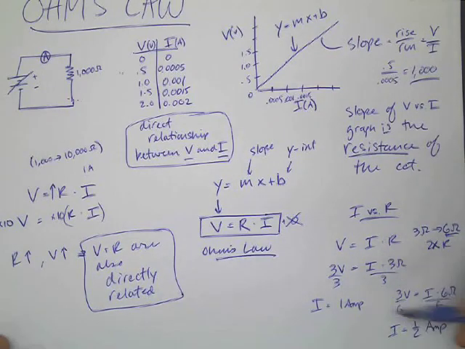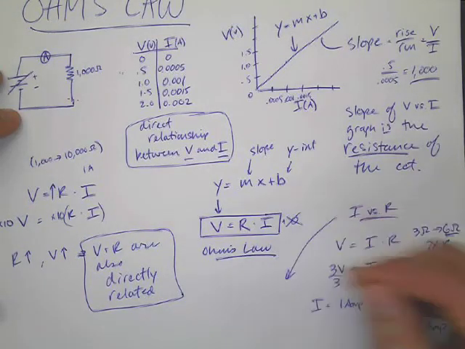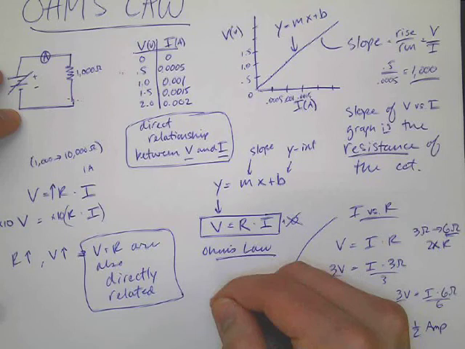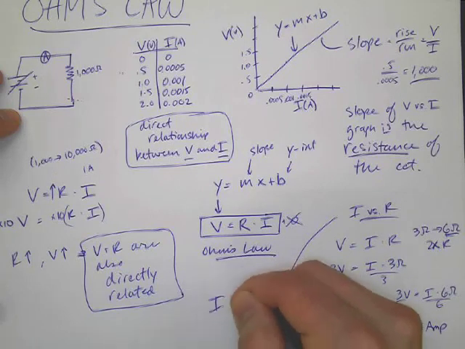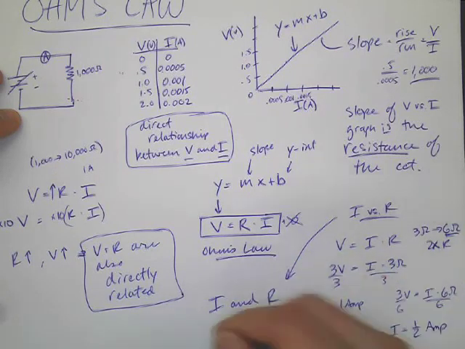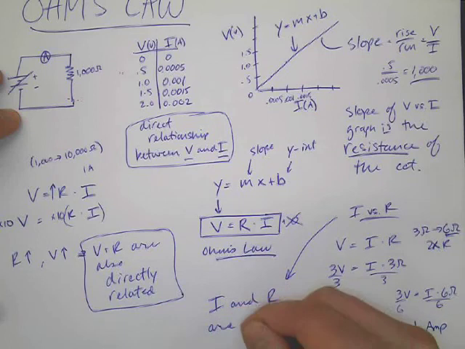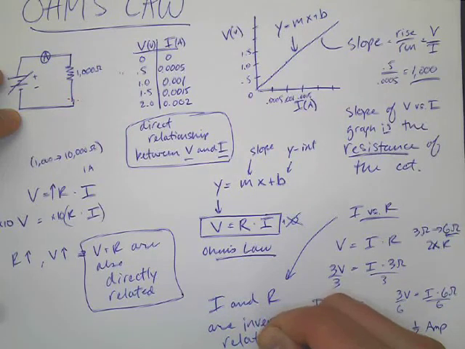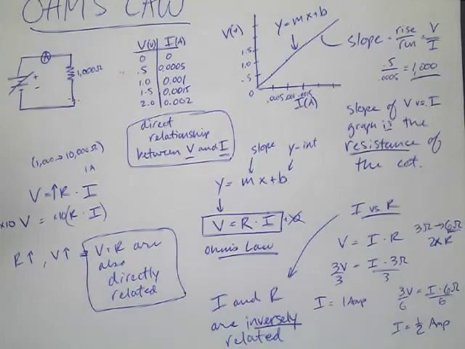My current goes from 1 to 1/2 amp. So we can say, in summary, I and R are inversely related, because as I increase the resistance, I get less current. In the same way, if I decrease the resistance, I make it easier for flow, and I would get more current for the same amount of voltage.